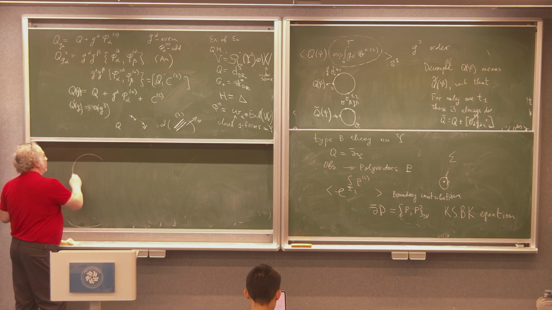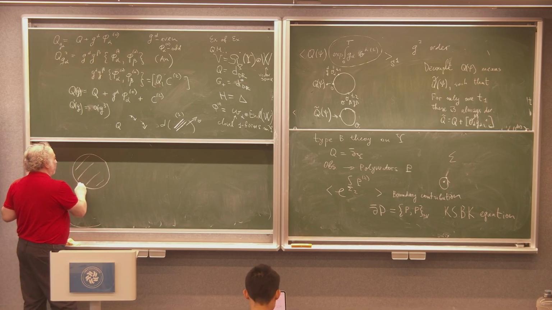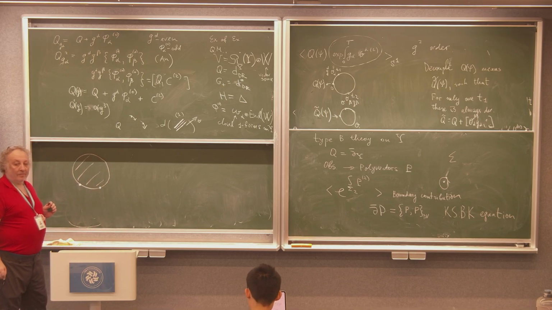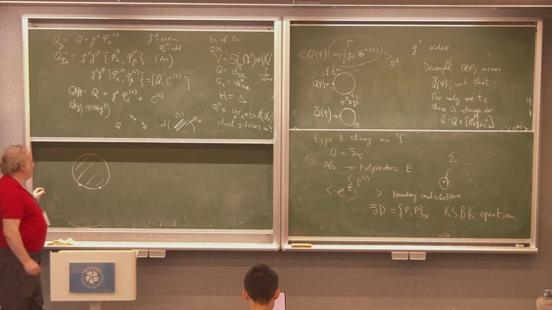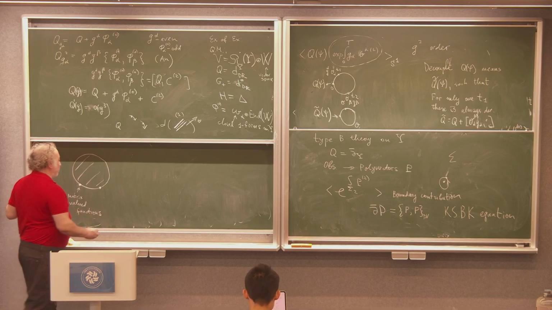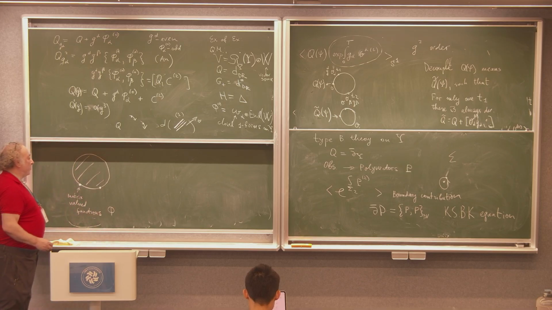Another example. You have a disk. That's how I'm drawing a disk. And you have points on the boundary of the disk. And instead of putting functions, you put here matrix-valued functions, and you call them phi.